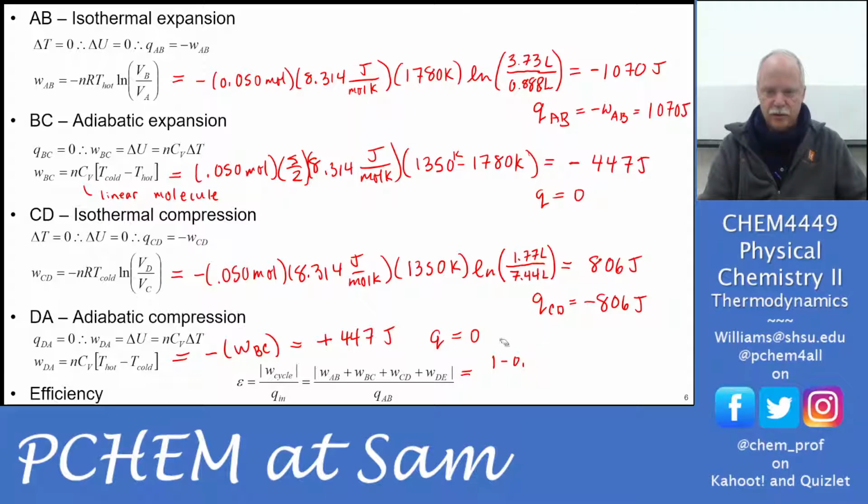Oh, that's in kilojoules. But I want you all to add them up. So start with the positive ones, it'll be easier. So 806 joules plus 447 joules, and then subtract the 447, so that's a wash, and then subtract 1070. So really 806 minus 1070.